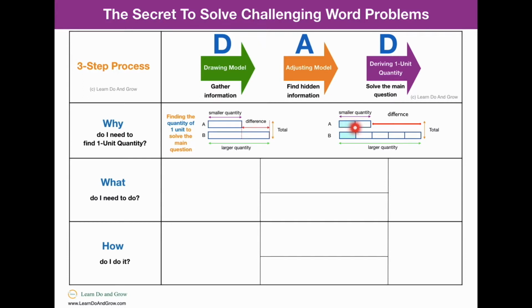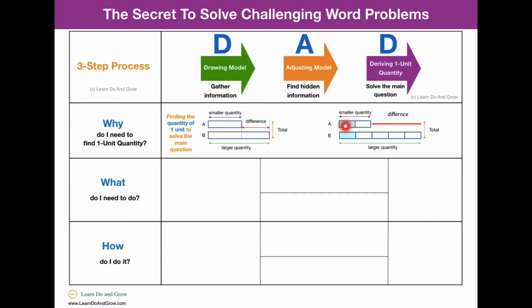The moment we can find one unit over here, regardless of what the question is asking, we can find it. For example, if the question asks me to find the total, very simple: 1, 2, 3, 4, 5, 6, 7. Just take 1 unit times 7. What if they ask you to find the smaller quantity?